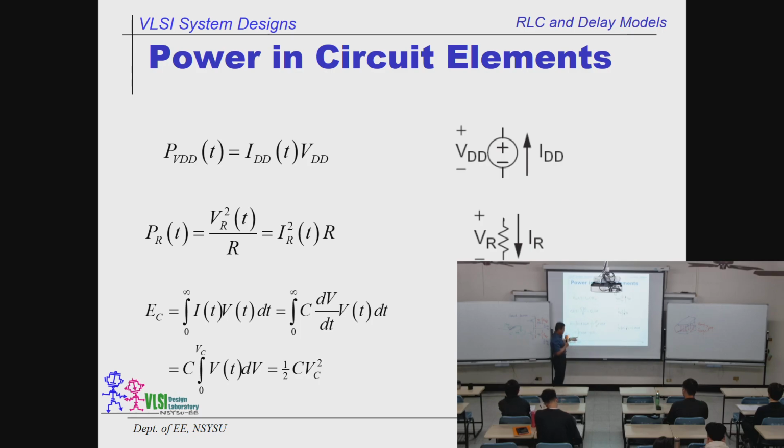Right now, if we integrate from 0 to Vc, then we get this number. Remember that. The energy spent on charging a capacitor equals 1/2 of C times the final voltage of the capacitor squared. You've got to remember this one, because it is going to help us a lot.